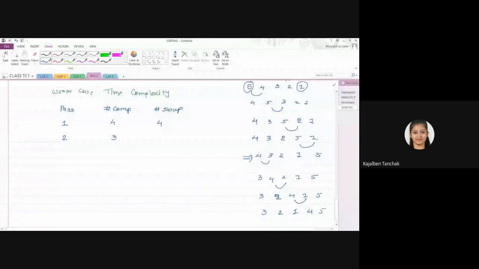Right? So in this case, how many swaps have we done? 3, right? So till how many steps are we doing? Till n minus 1, right? Number of passes will be n minus 1. Then at last we are doing 1 comparison.